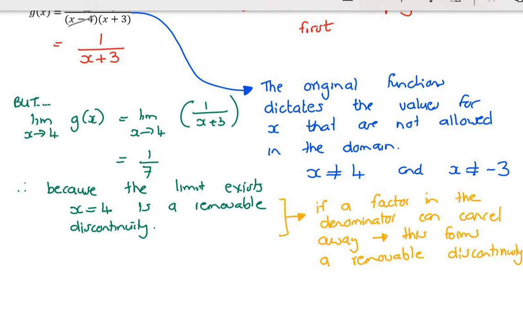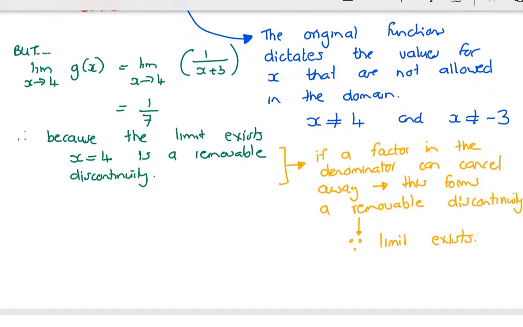So really important, not every single factor in the denominator causes an asymptote. If you can cancel that factor away, it forms a removable discontinuity because the limit exists. It's only when the limit does not exist that you have an asymptote. So I'm going to say, but x is equal to negative 3 is a vertical asymptote.